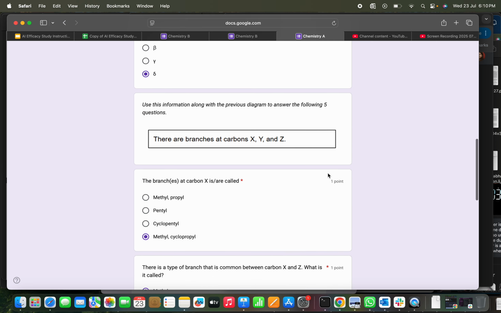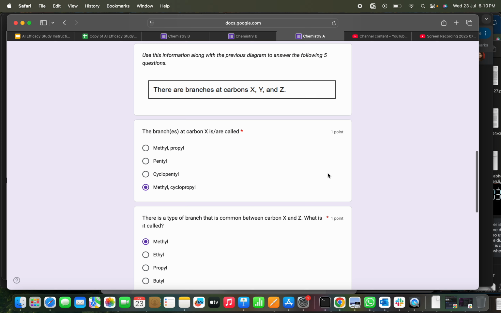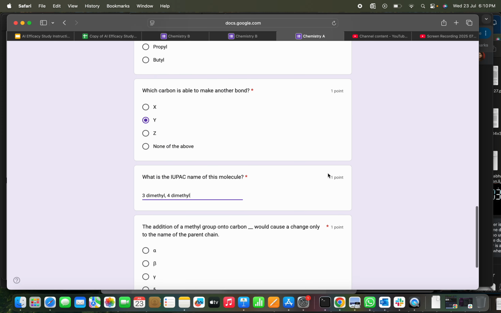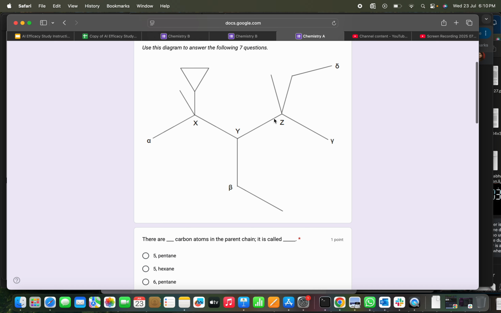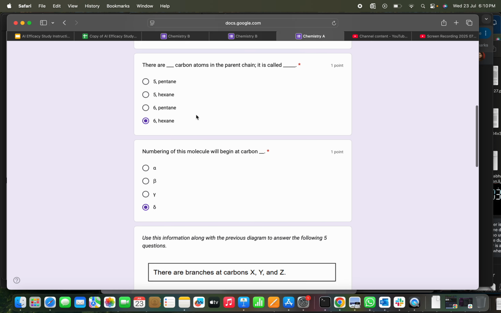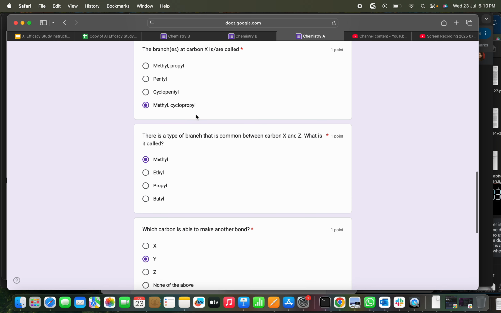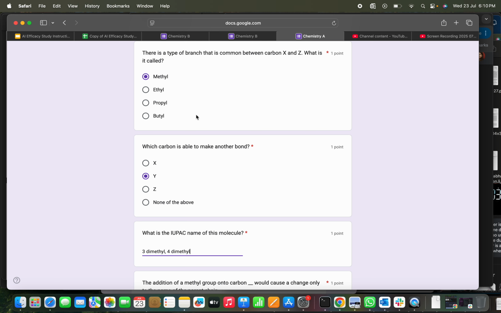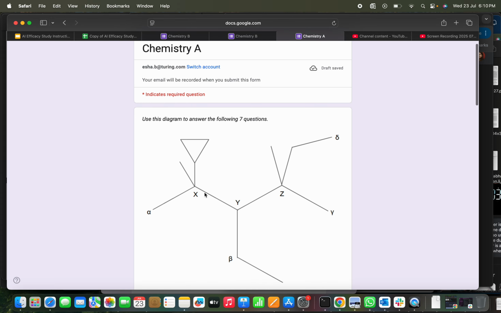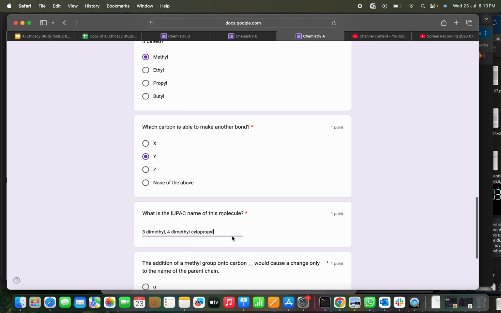Between X and Z, 2, 3, 4 methyl. I know I'm writing this as 4 methyl cyclopropyl, 4, 1, 2 methyl cyclopropyl, methethpropbut, pent, hexane.